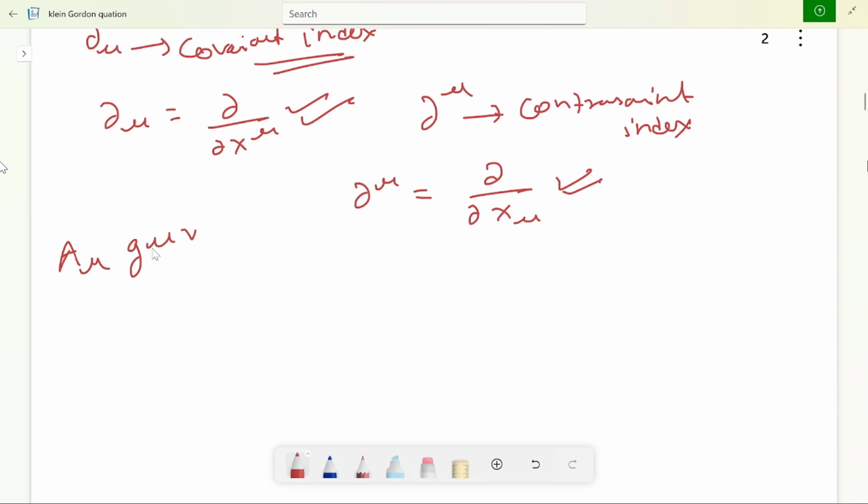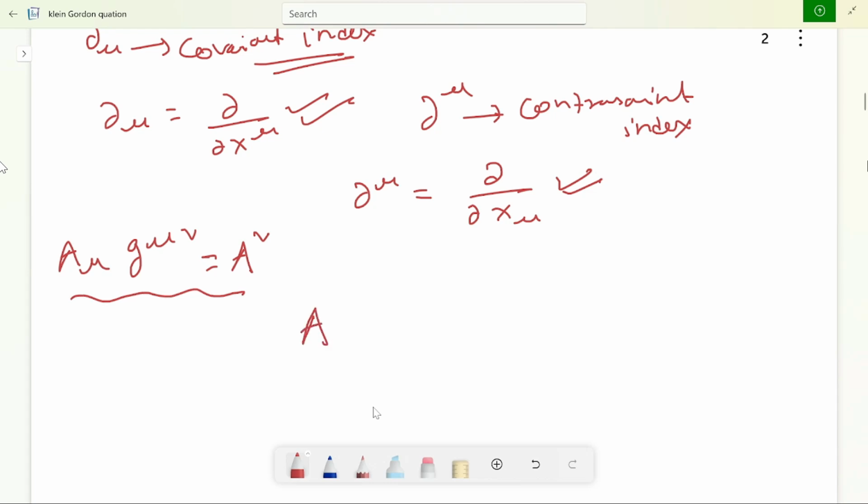Then notice that mu is the repeated index, and therefore it indicates that it is being summed over by the Einstein summation convention, and we would be left with a nu with nu in the superscript. So this is how the metric tensor actually raises the index.